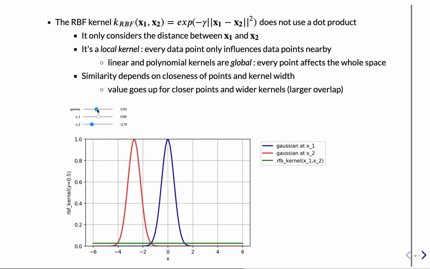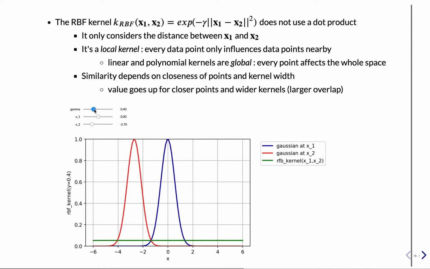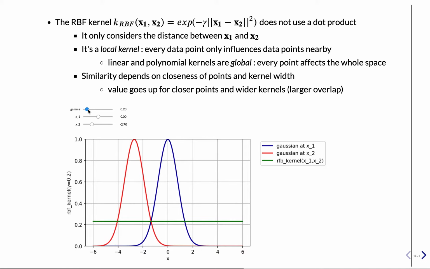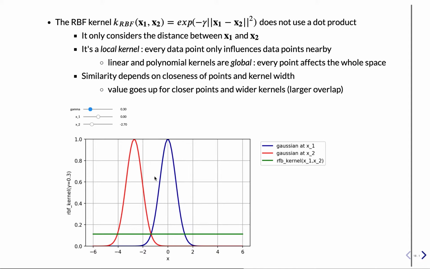Up to a point that, in this case, the 2 points have very little influence on each other. Right? They're very non-similar. But if I make my kernels wider, so if I take a smaller gamma, the similarity goes up again. And so controlling gamma basically controls how far the influence of a single point reaches.